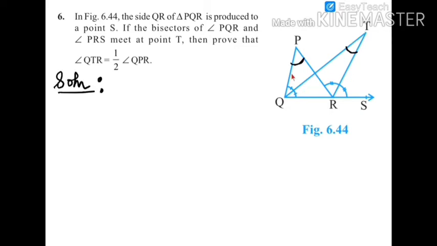QT bisects angle PQR. So we can say that angle PQT is equal to angle TQR. So these two angles are equal.